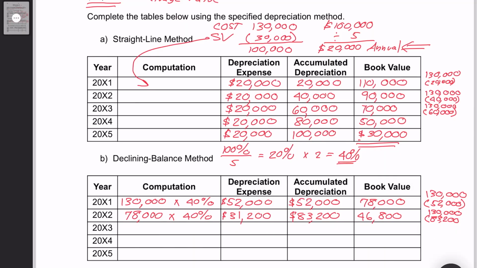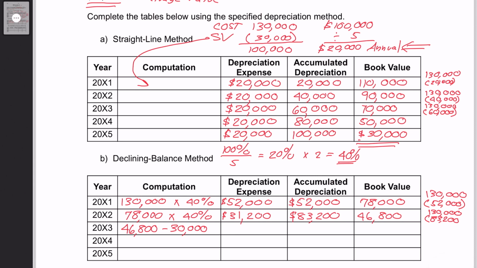Okay, so we know that we are at the year where we're going to have to stop this. So how do I come up with an easy way to determine the amount of depreciation I'm going to do this year? Well, the easy way that we're going to do this, we're going to go ahead and take our $46,800 and we're going to subtract out the $30,000, which represents our salvage value because I can't go below that.